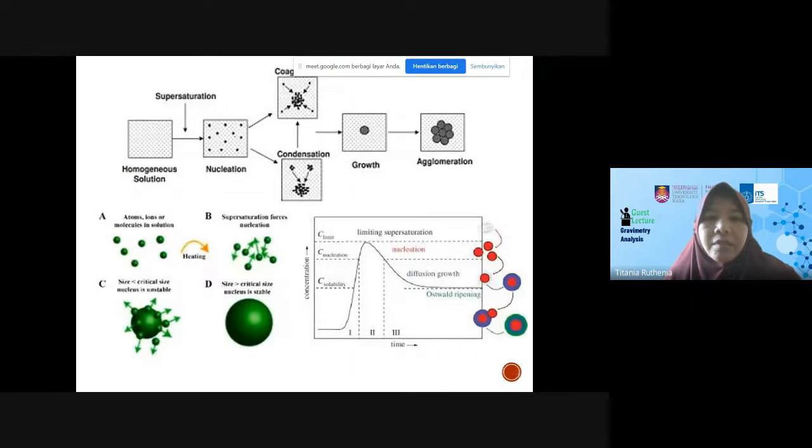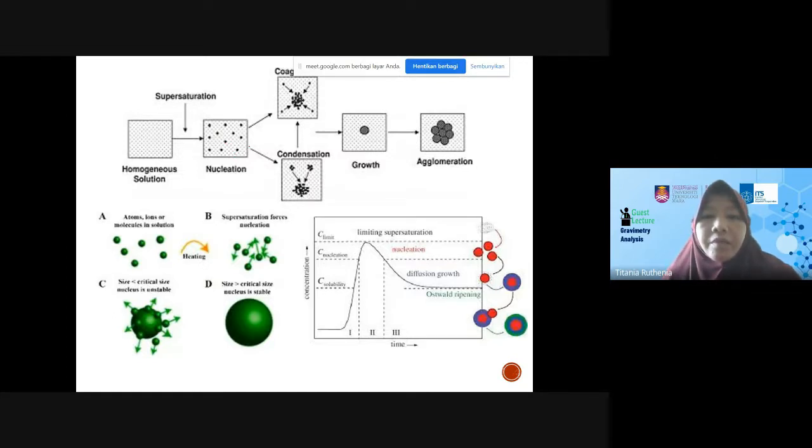So this is like the schematic diagram. This is a homogeneous solution, and then when the solubility product is more than the KSP, it starts to have the supersaturation condition and begins to form nucleation, small-sized precipitate.